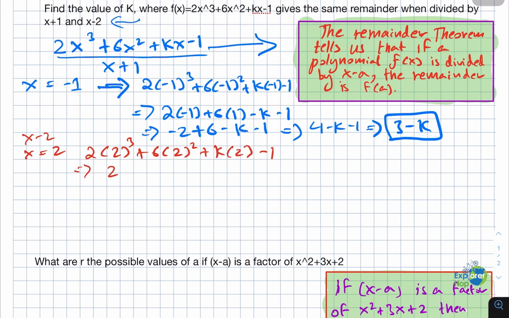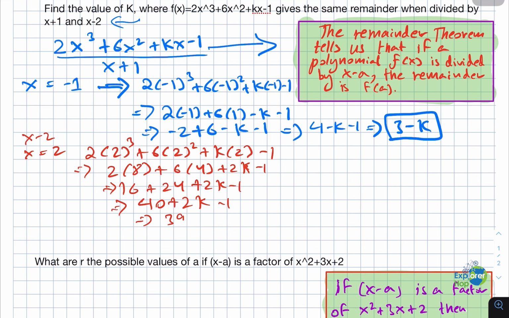This gives us 2 times 8 plus 6 times 4 plus 2k minus 1, 16 plus 24 plus 2k minus 1, and then this would give us 40 plus 2k minus 1, which is equal to 39 plus 2k.